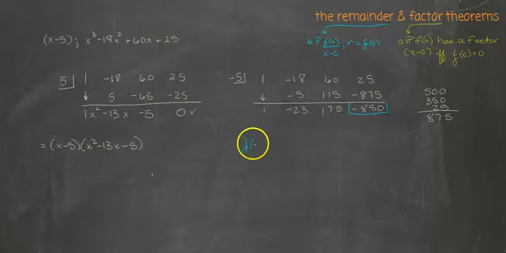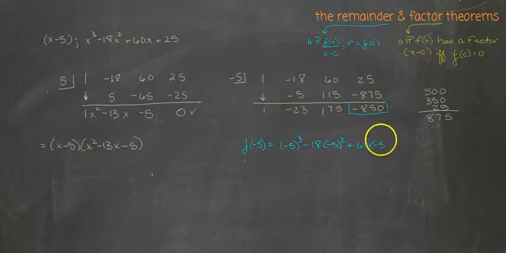f of negative 5 equals negative 5 cubed minus 18 times negative 5 squared plus 60 times negative 5 plus 25. Okay, so negative 5 cubed is negative 125. Minus 18 times 25.